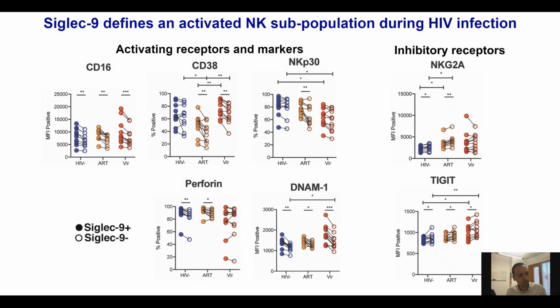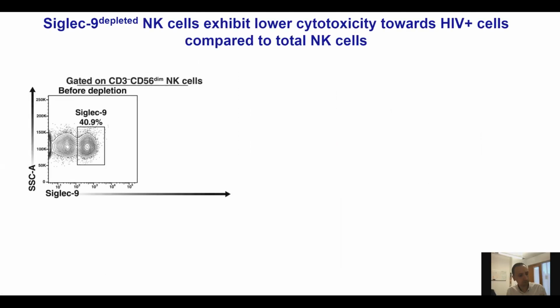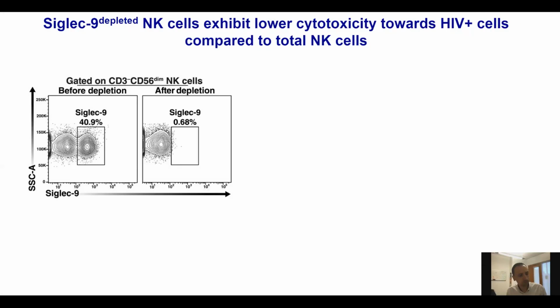So now we wanted to explore if indeed Siglecs positive cells are more cytotoxic against HIV-infected cells compared to Siglecs negative cells, and we used different approaches in order to answer this question. In one approach, we simply depleted Siglecs positive cells from NK cells. As you can see here, total NK will have about 40% of the cells expressing Siglec 9.